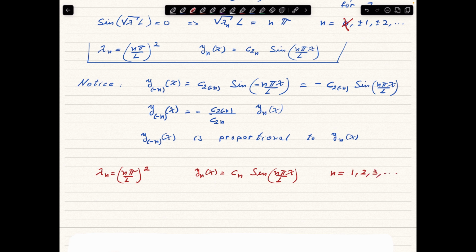The negative ones are not new eigenfunctions, they are included in these ones here. And this is how we solve the eigenfunction problem for the Dirichlet boundary conditions of our operator up there.